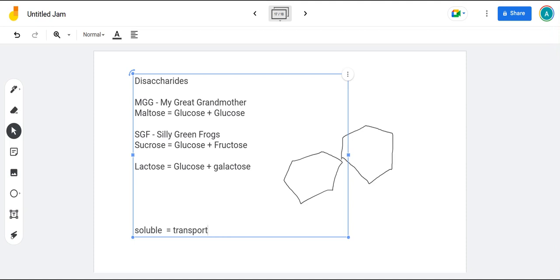Okay. The bonds in disaccharides contain more energy than in monosaccharides. It just means in total we've got more energy that could be released if they're broken down in respiration, which is useful.